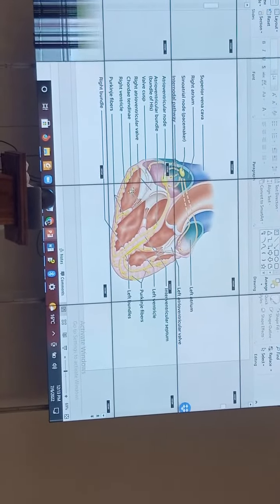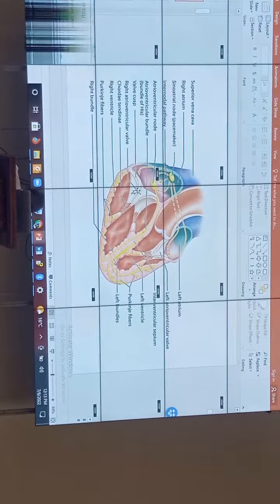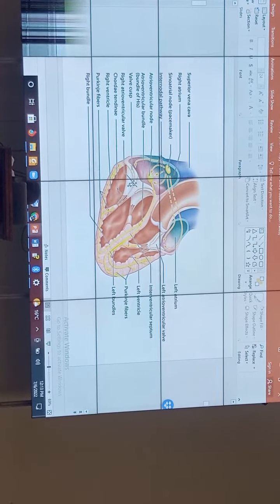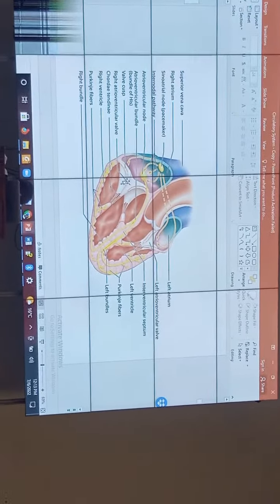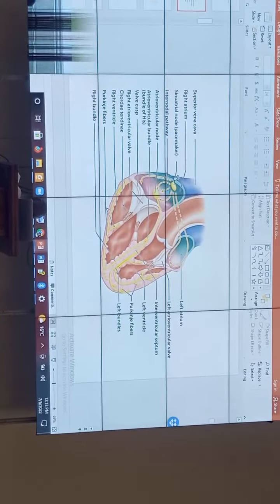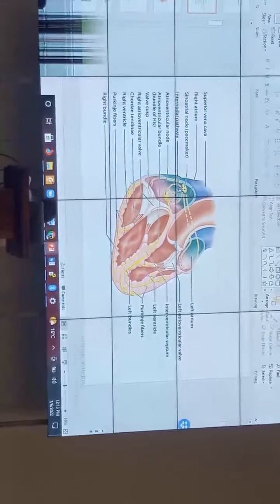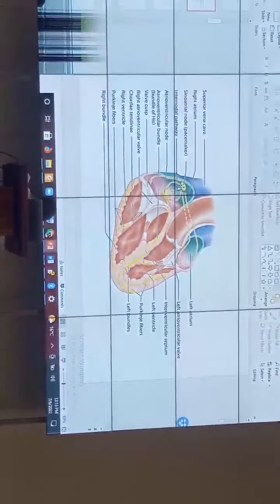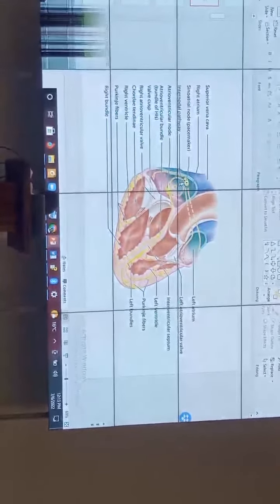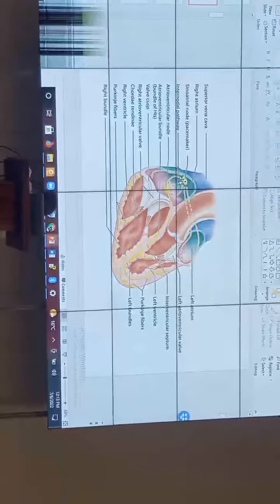So these cardiac muscle cells also need impulses. They need calcium. They need ATP. Is that clear? So the action potential or the impulses in the heart are generated by the conducting system.